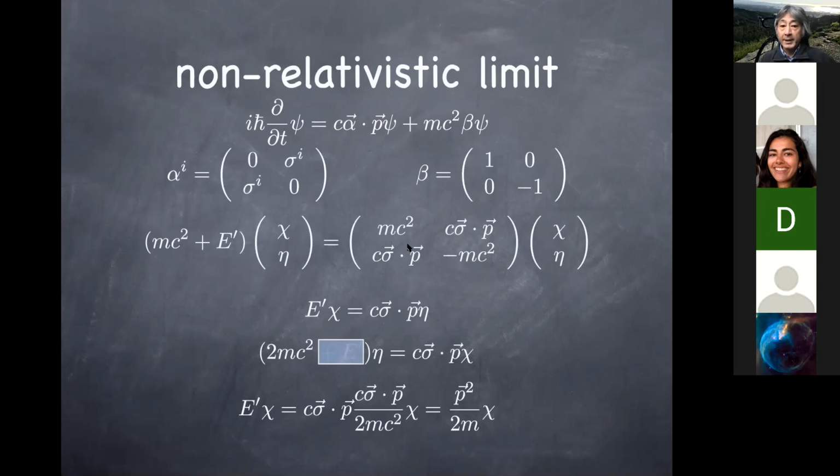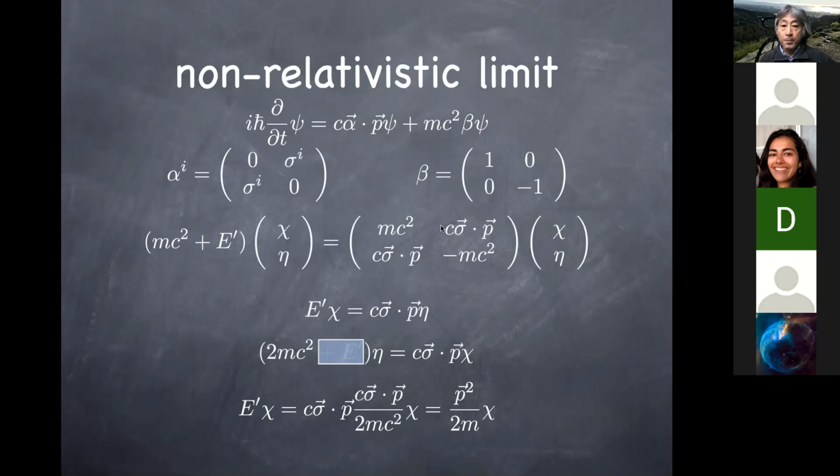We also verified that it has the correct non-relativistic limit. And in the non-relativistic limit, of course, the energy is supposed to be dominated by the rest energy mc squared. And the deviation from mc squared is the kinetic energy piece, which we call E prime, which can be ignored relative to 2mc squared for the lower two components.